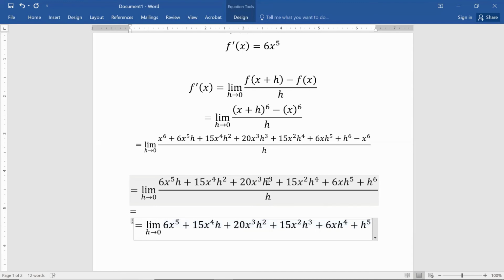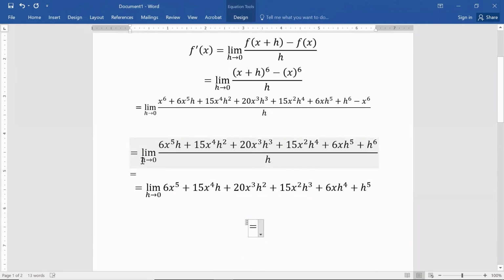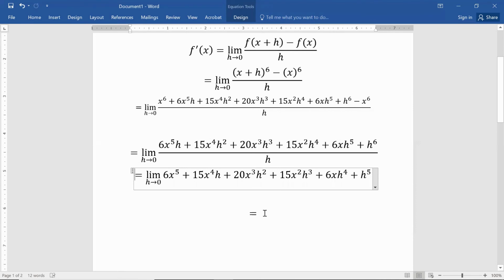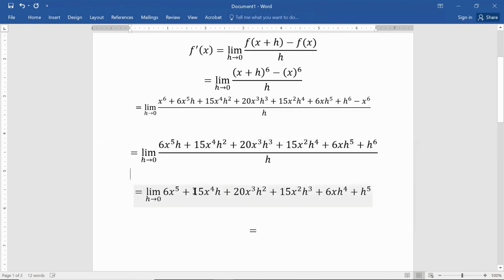Now, this is an expression that I can plug 0 into. Remember we're talking about the limit as h goes to 0. If I plug in 0 for h now, notice that all of these other terms are all of a sudden going to go to 0. And so the only term I'm left with is 6x to the fifth power. So that's my derivative of x to the sixth.